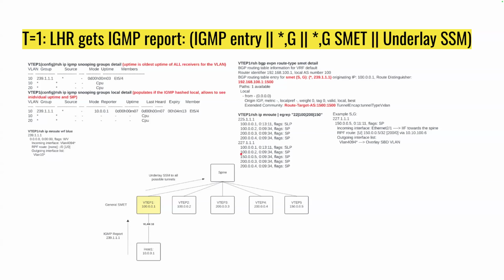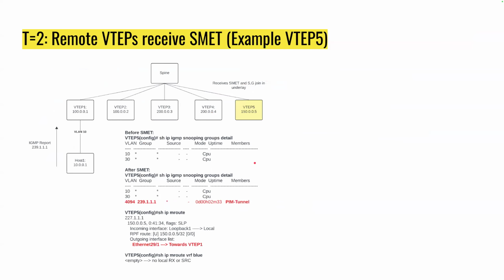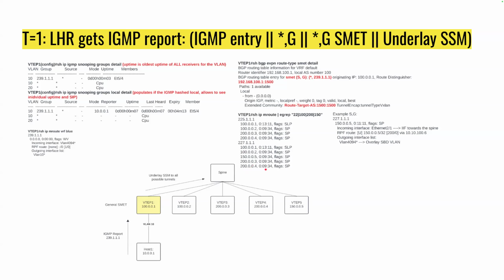So it is joining the underlay group, which is sent by VTEP 2, which is 100.0.0.2, and VTEP 5, which is 150.0.0.5, and VTEP 3, 200.0.0.3, and VTEP 4, 200.0.0.4. You can ignore 100.0.0.1 because that would be created once it has received the join from the other VTEPs. So the main important ones are these four.